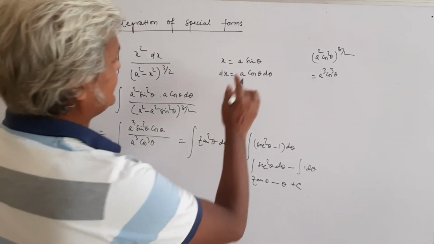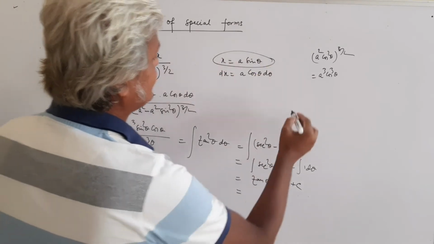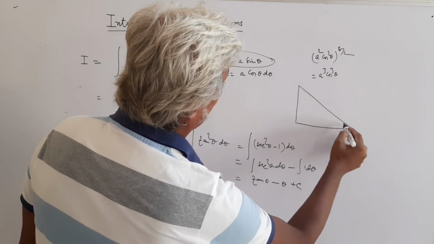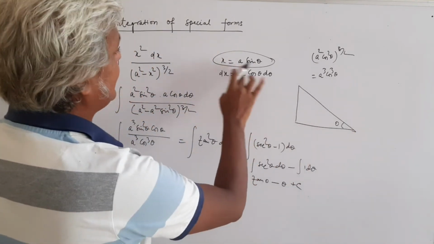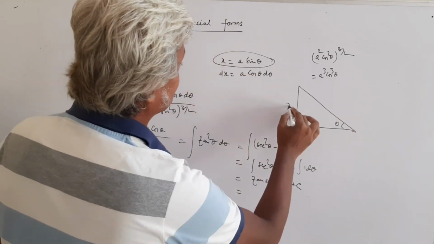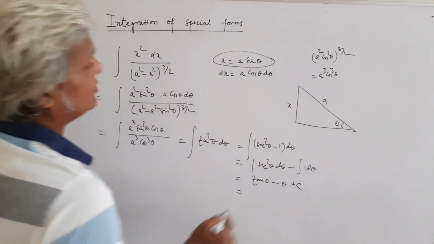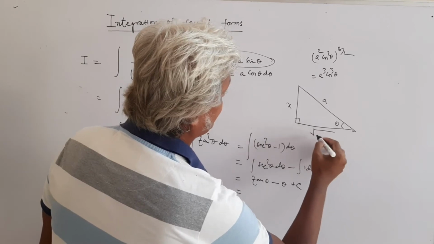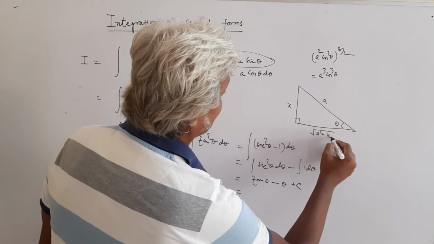Now when you have assumed x is a sine theta, you can say that you have assumed a triangle where one angle is theta, and since sine theta is x over a, opposite is x and hypotenuse is a. Using the Pythagorean theorem, the adjacent side is under root a square minus x square.